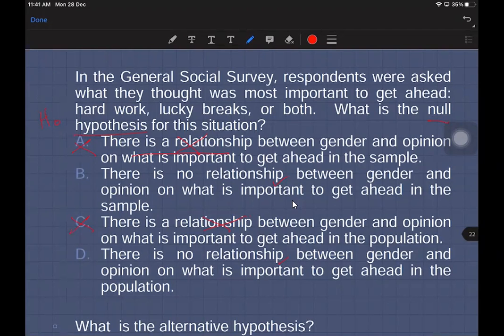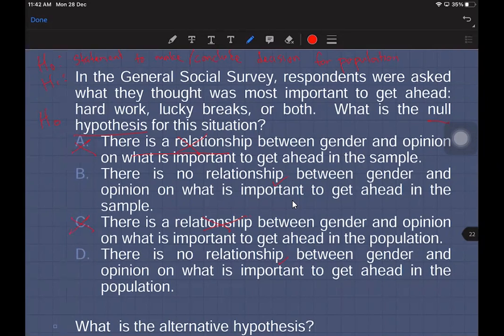Remember, the null hypothesis and alternative hypothesis are statements to make or conclude a decision for the population. This is the concept of hypothesis testing. Why do we do hypothesis testing?